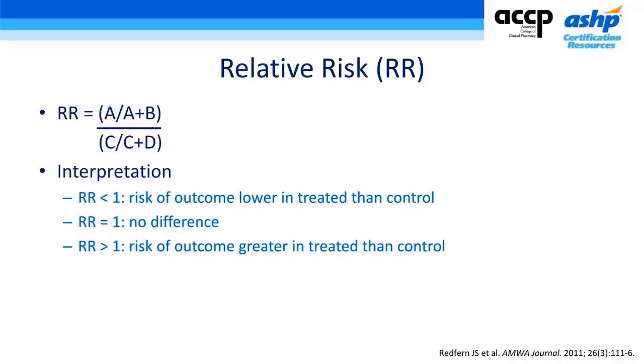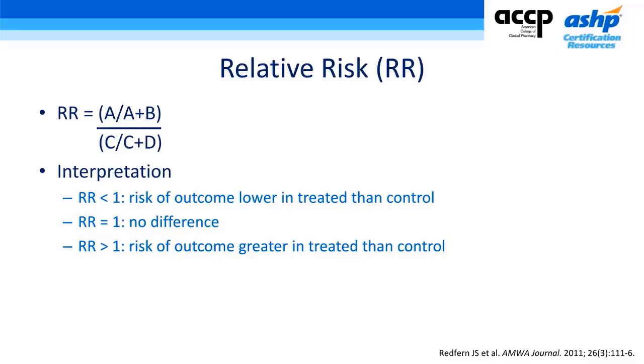Oftentimes it's provided for you, but it is good to know how to calculate it. So in the numerator, we have the outcome occurring in the experimental group over the total number of subjects in the experimental group, all over the outcome of interest occurring in the control group over the total number of subjects in the control group.